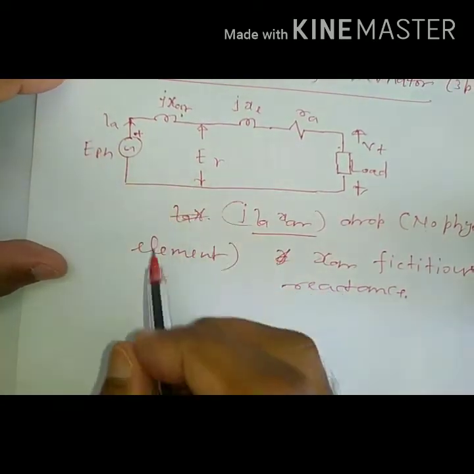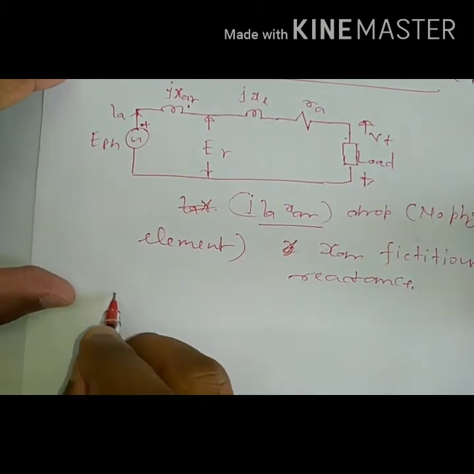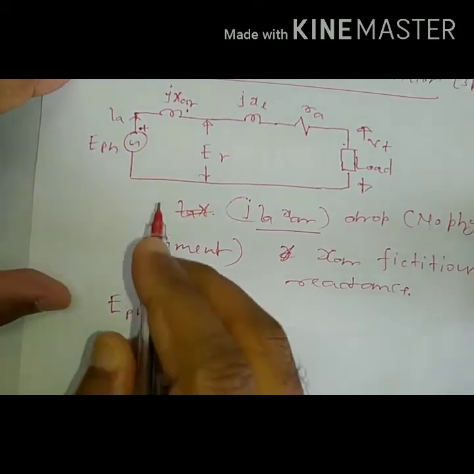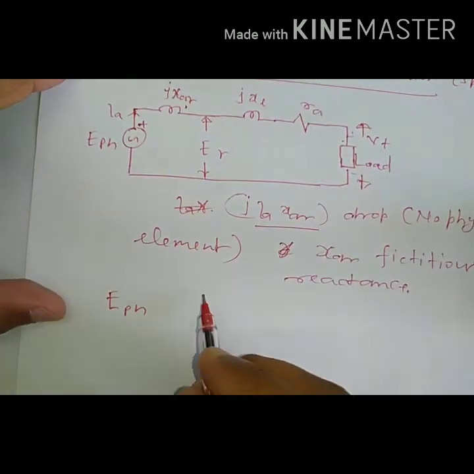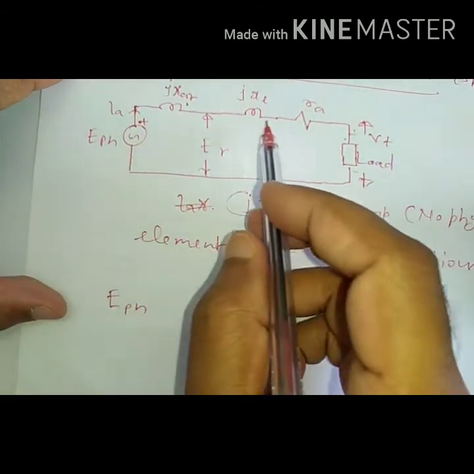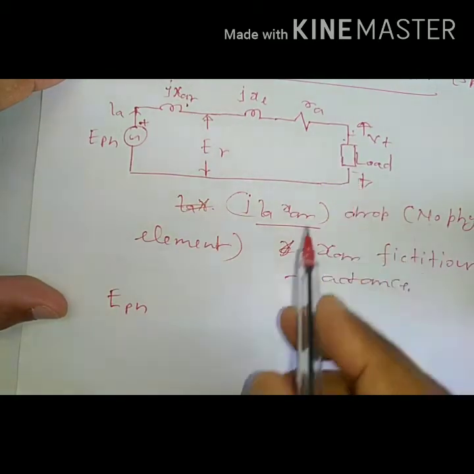Now coming to this circuit, if I want to write the EMF equation, supply is from this side to this side, it is the positive and negative terminal. So EPH will be the total drop including the terminal voltage.